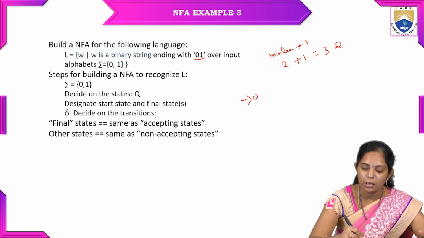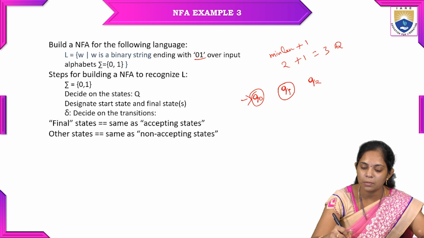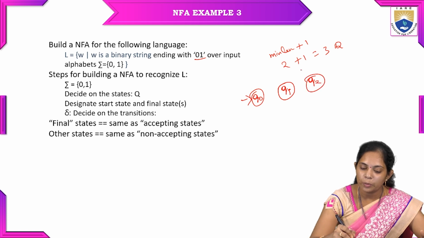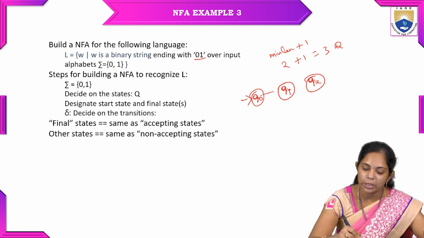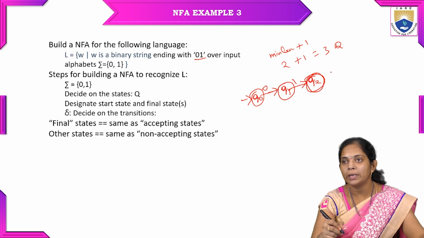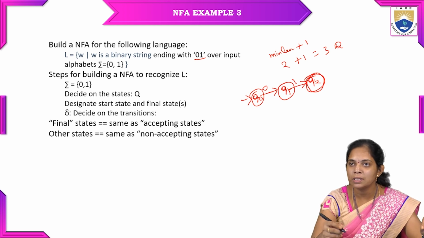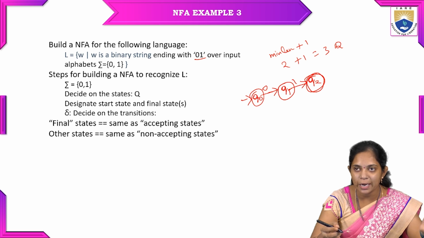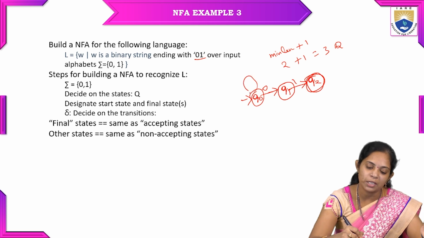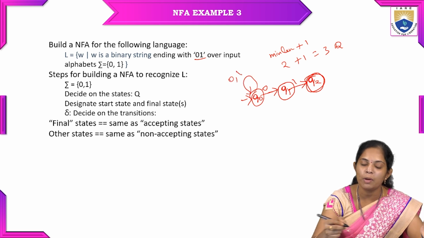Let's draw. Q0 is the starting state and Q1 is this, and so ending with 0, 1. After 0, 1, it should reach the final state. Ending with 0, 1, and there is no limitation on the starting, so we will put 0, 1.